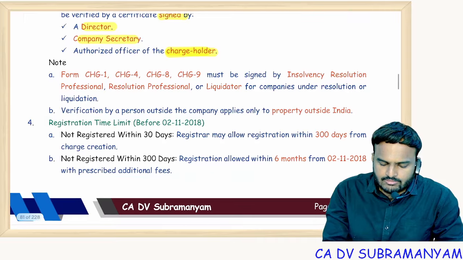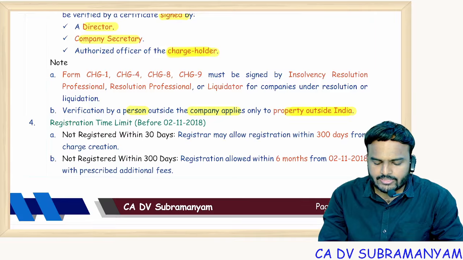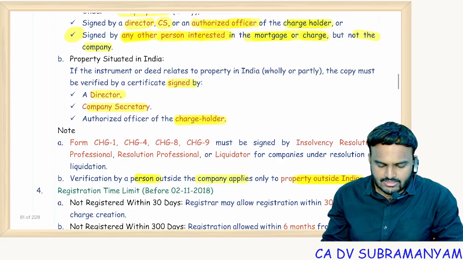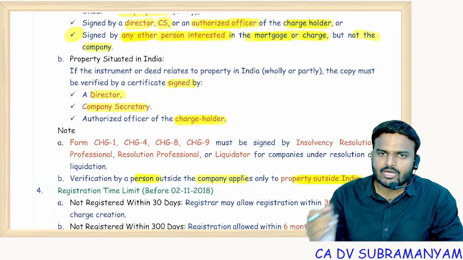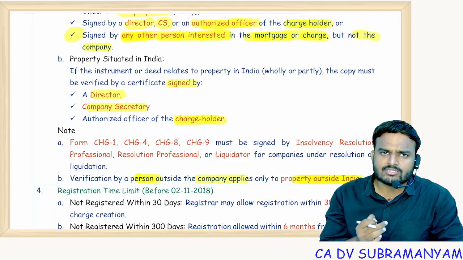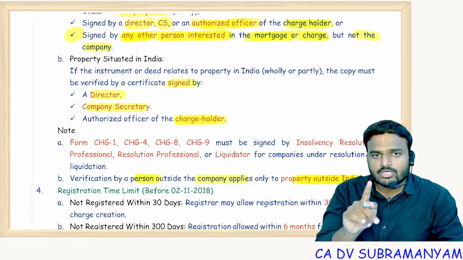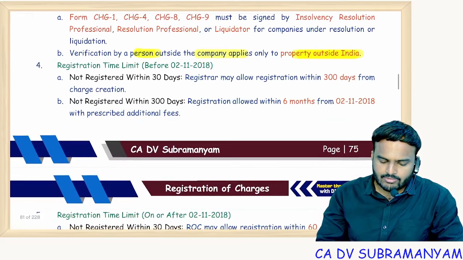Verification by a person outside the company applies only to property outside India. If the property is outside India, the ROC wants an external confirmation. That's why a person who is interested in the charge or mortgage other than the company should sign that instrument of charge.